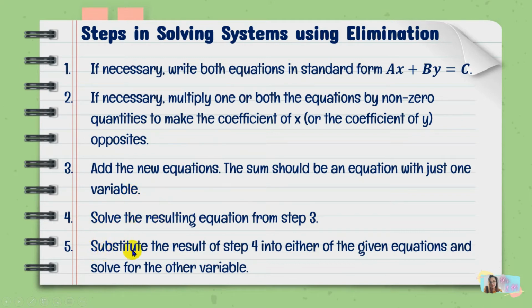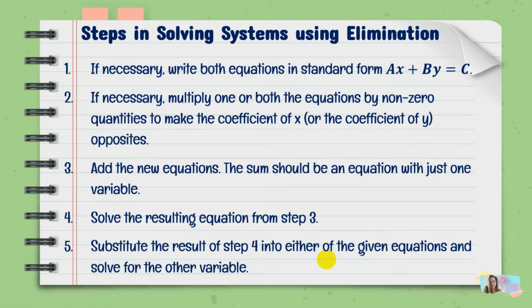Then, for step number 5, substitute the result of step 4 into either of the given equations and solve for the other variable. So, kung ano mang makukuha nating value ng unang variable sa ating step 4, yun yung isa-substitute natin sa first equation or sa second equation kung saan nyo po mas gustong i-substitute para po makuha yung another variable.